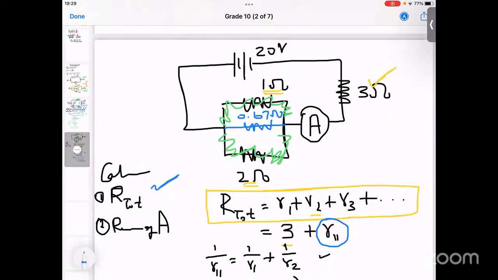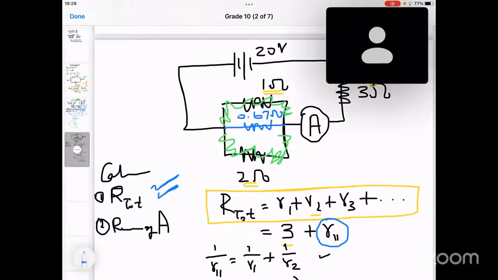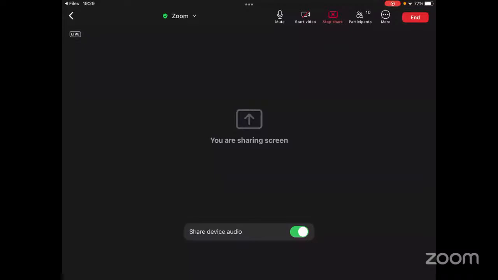That part now is done. Before I calculate the reading on the ammeter, I'll give it to you guys to calculate it. But do you guys have any questions for me on that part that I've done regarding R total? Ask all to unmute.